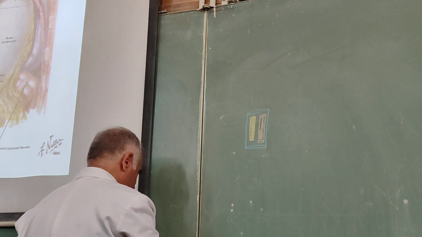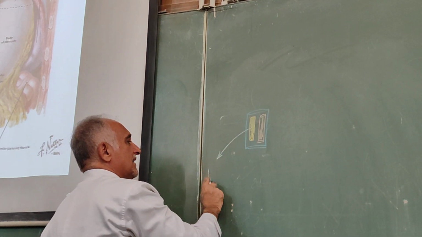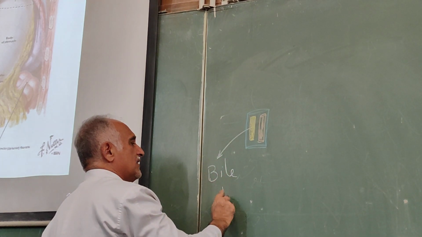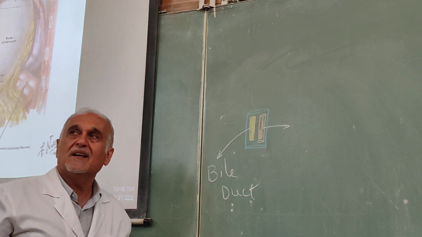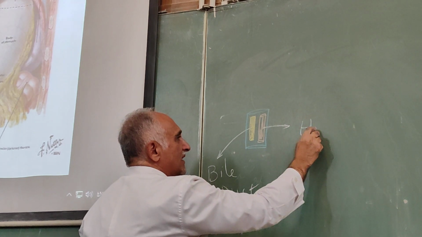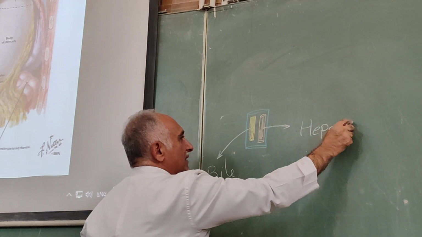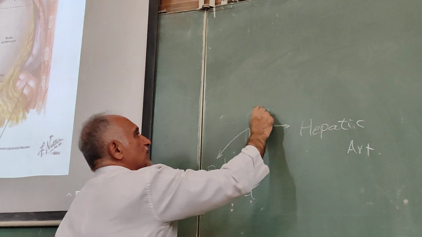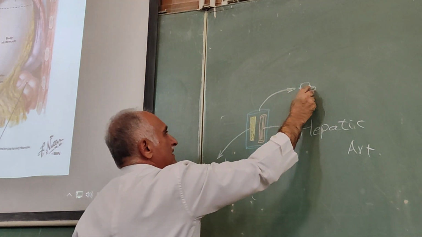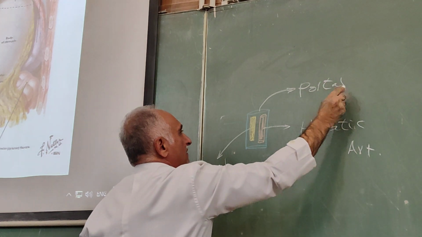Which duct is this? Bile duct. Come on, bile duct. Which artery should it be? Hepatic artery. And what was this? Portal vein.